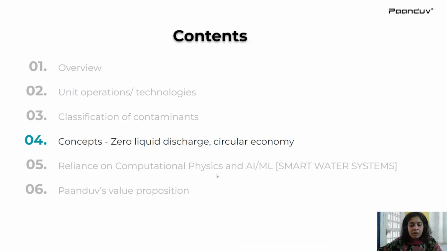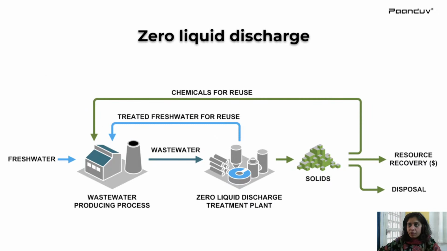Now let's understand the concept of zero liquid discharge and circular economy, which is very important in the current scenario when we are leading towards more and more sustainable solutions. If we have any industry, let's say textile industry or any manufacturing industry, the fresh water which is being used, and the contaminated water which is generated through the processes, should not go out.